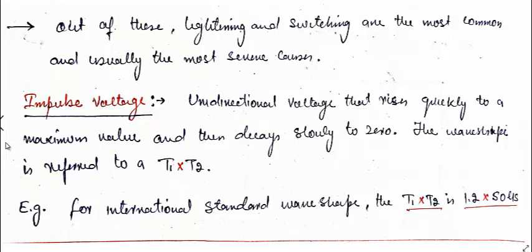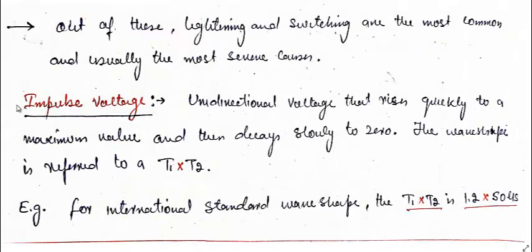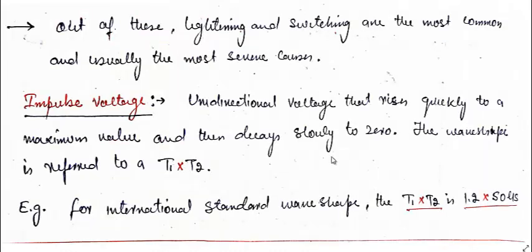Now, before going further, a transient is also defined in terms of impulse voltages. As I have told you, it is an aperiodic function of short duration with high amplitude for that short duration. So what is an impulse voltage? It is a unidirectional voltage that rises quickly to a maximum value and then decays slowly to zero.